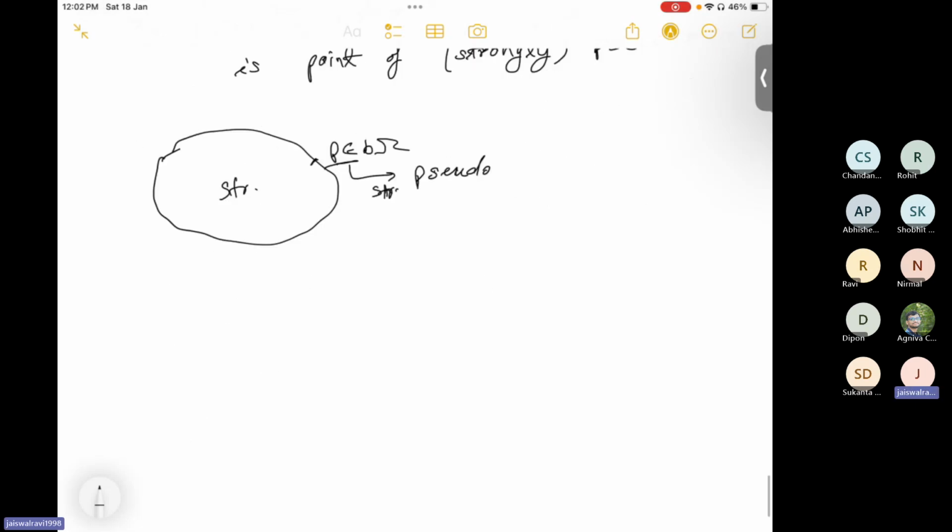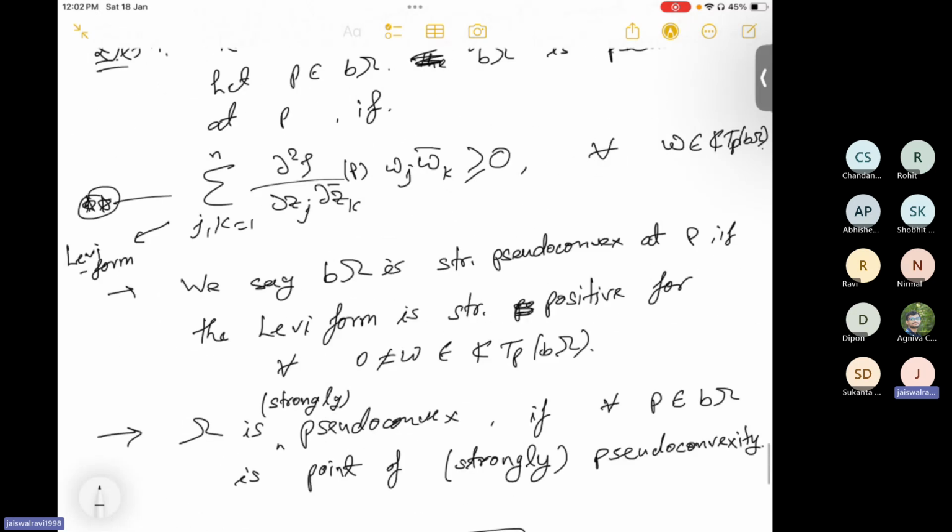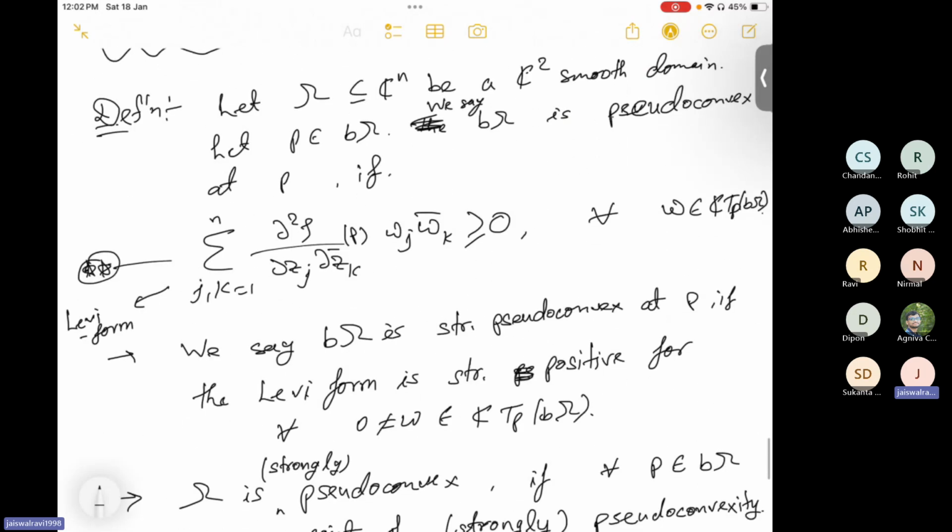Here we can also ask the same question: why is this definition well defined? This definition depends on the defining function rho, but you can check that if you have two defining functions, then this double star is the same for both rho1 and rho2.